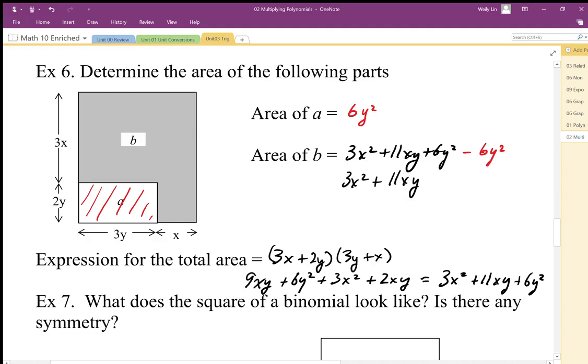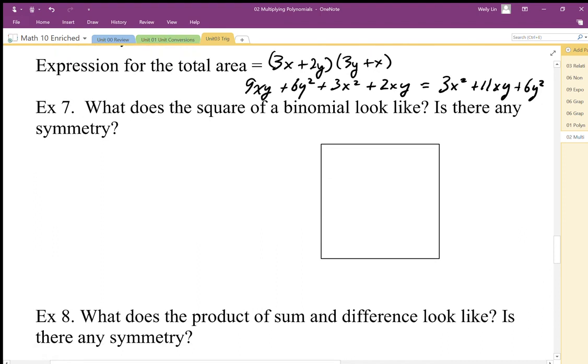So that is the expression for the area of B. Now notice that I can break this down into pieces and get that same area. 3x times 3y plus x is going to give me 9xy plus 3x squared in here. This little area in here is 2y by x, so 2xy. And notice that these areas add up to the same as that. No matter how I do it, these areas have to all match up.